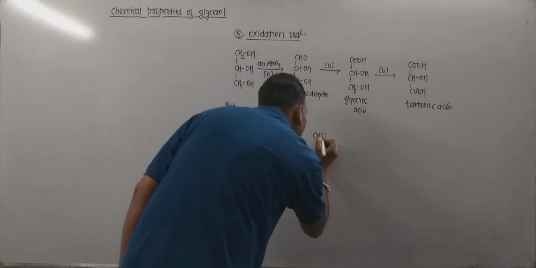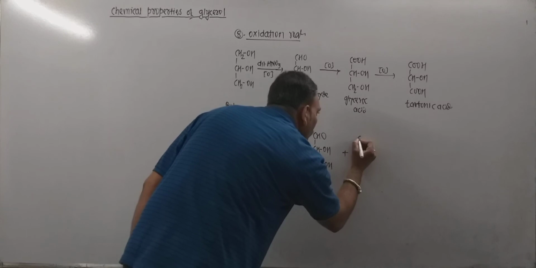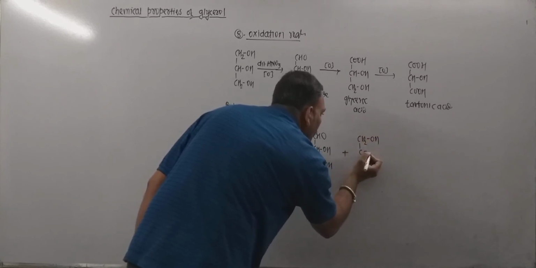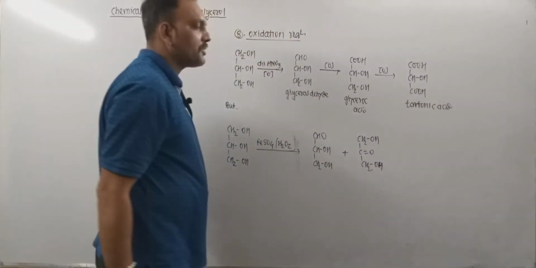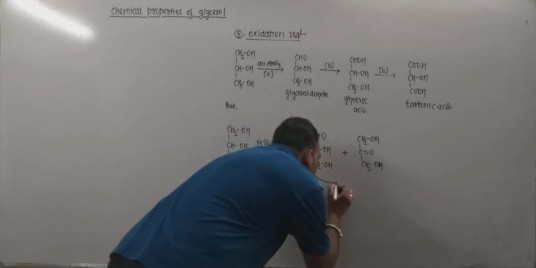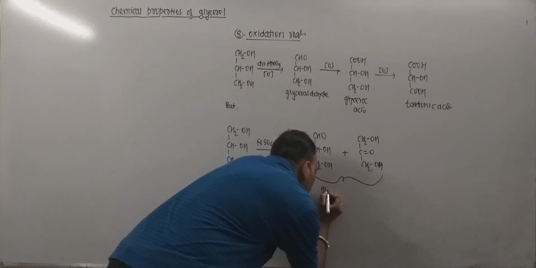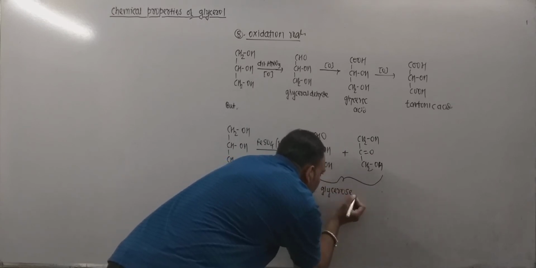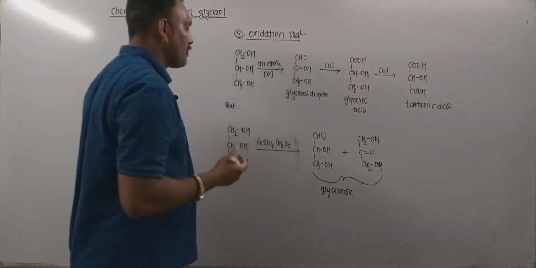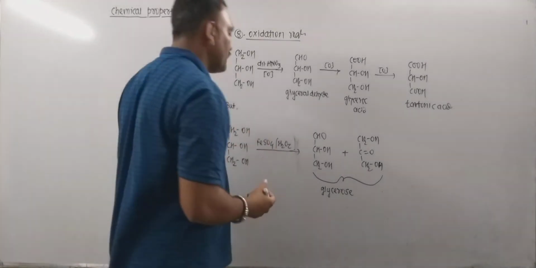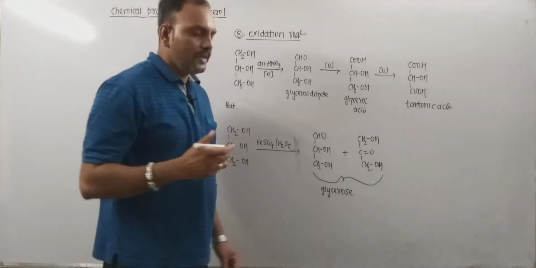One of which is glyceraldehyde, and the other product is dihydroxyacetone. Remember, this is glyceraldehyde and this is dihydroxyacetone. This entire mixture of glyceraldehyde and dihydroxyacetone is popularly known as glycerose. So in a single word one can say that glycerose is the product of oxidation of glycerol using Fenton's reagent. So these are some of the chemical properties of glycerol.